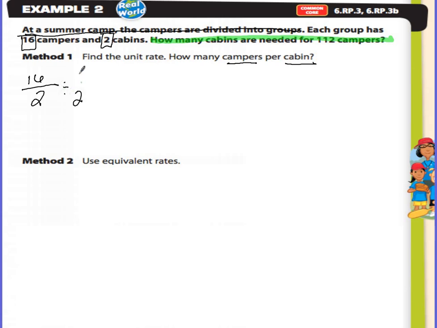And the reason I'm going to find the unit rate is because it will allow me to answer some questions down the road. So this does tell me that I have 8 campers for every 1 cabin. But now I need to know, if I have 112 campers, how many cabins am I going to need?